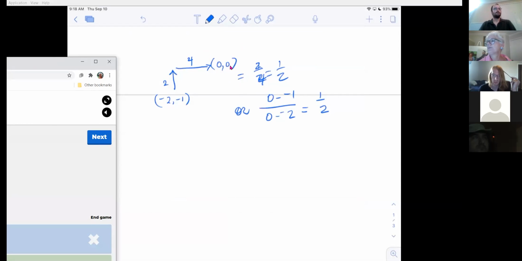Or you could do 0 minus -1 divided by 0 minus -2. You could use the slope formula, and you would also get 1/2.